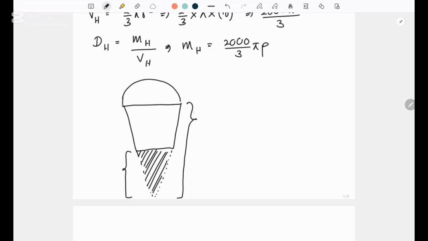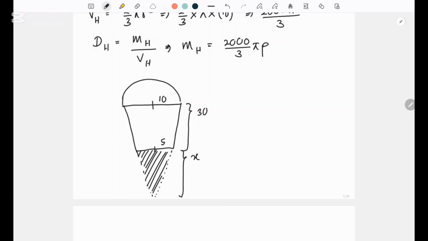So we know this height is 30 and this is 10. The radius of the hemisphere is 10. The radius of the base is 5. We could call the height of the smaller cone x.